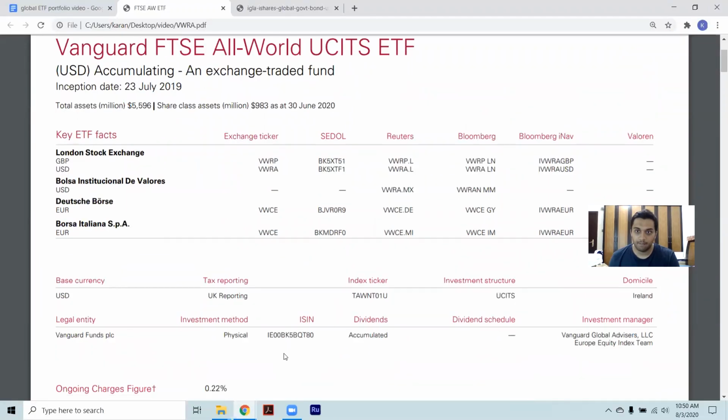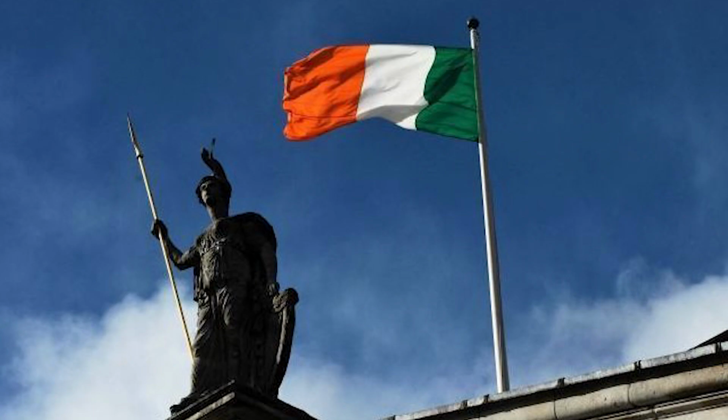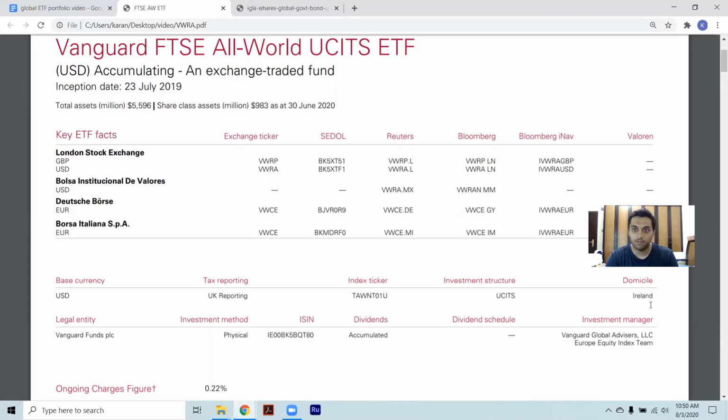The next, and probably the most important factor that we're looking at here, is the fact that the domicile is in Ireland. Now, you may be wondering as to how an Ireland domicile makes a difference. So Ireland and the United States have a double tax agreement, which is a huge benefit to non-Americans in the fact that they don't have to pay estate taxes.